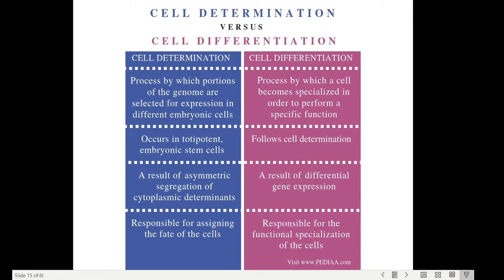In the CSIR experimental questions, they give examples and explain the same steps. Specification, determination, differentiation: these are the three important terms in developmental biology.